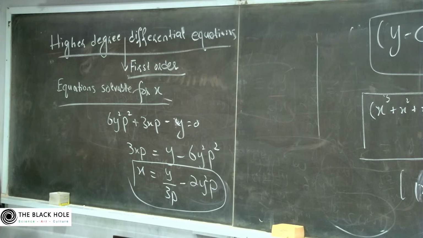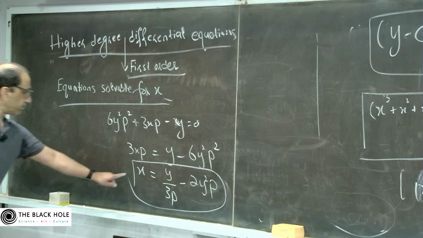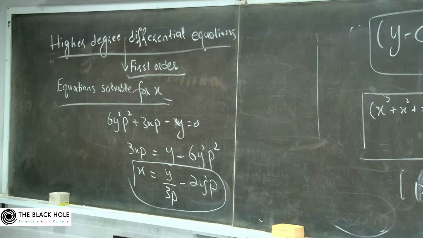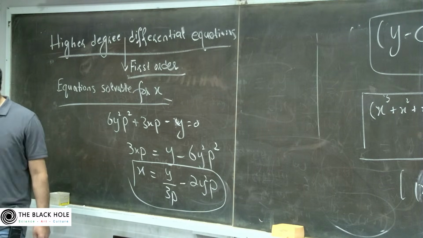So now everything is written in terms of y and p, and x is isolated. So solvable for x. But the rest of the terms have been taken on the other side.